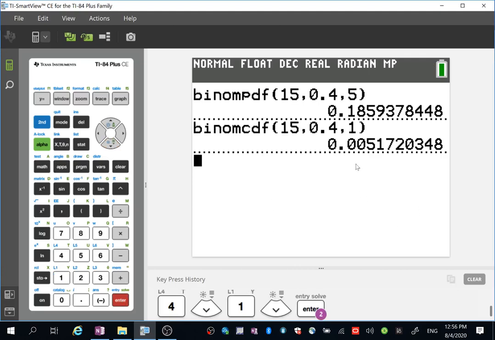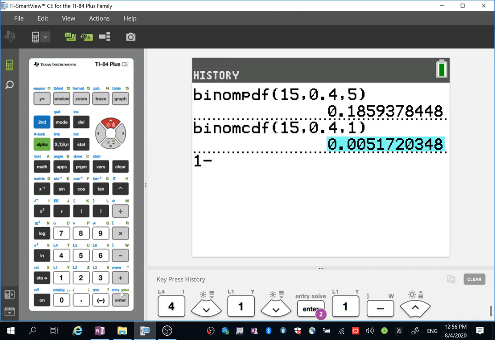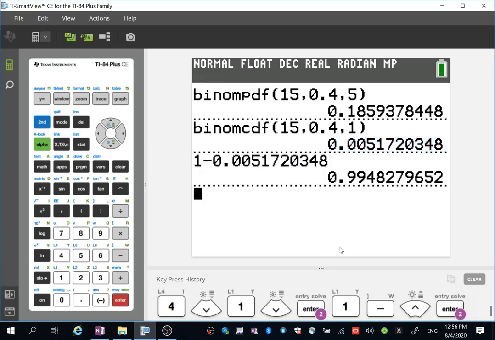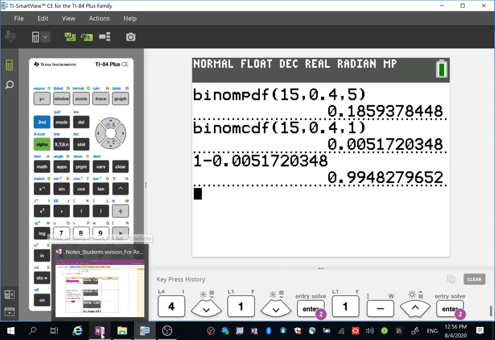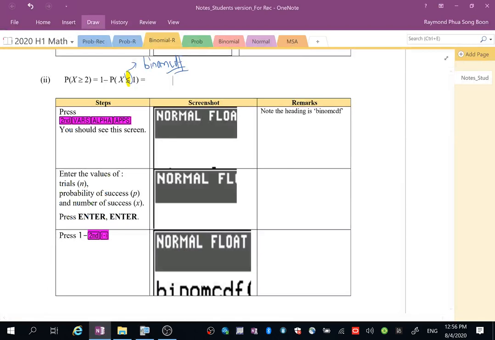So this is the answer for probability x less than or equals to 1. But what we want to find is 1 minus probability x less than or equals to 1, so we just use 1 minus this answer. And you get the answer for part 2 of probability x greater or equals to 2, which is 0.995 when you round off to 3SF.